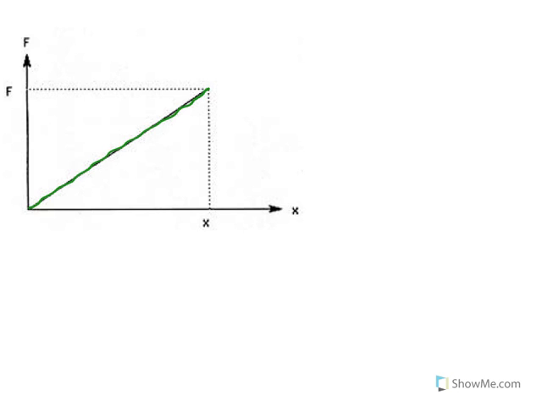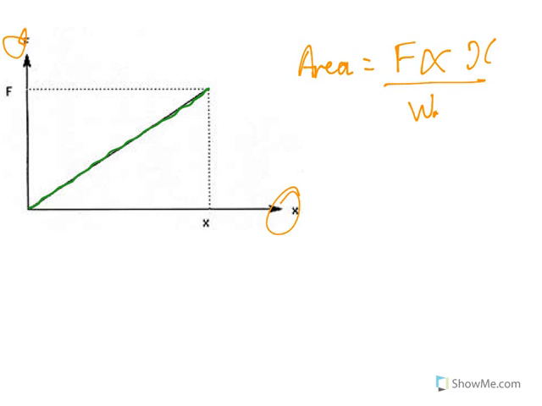What we've got here on these axes is force and extension. If we were to work the area out, we'd multiply those things, and so our area would be force times extension. Now, Fx, of course, is work. As we've already known, the work done is equal to the area.